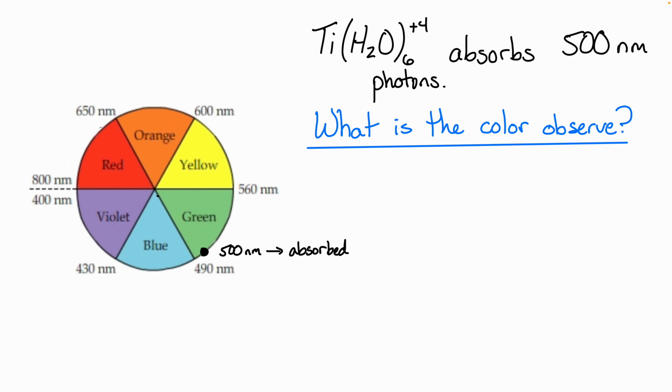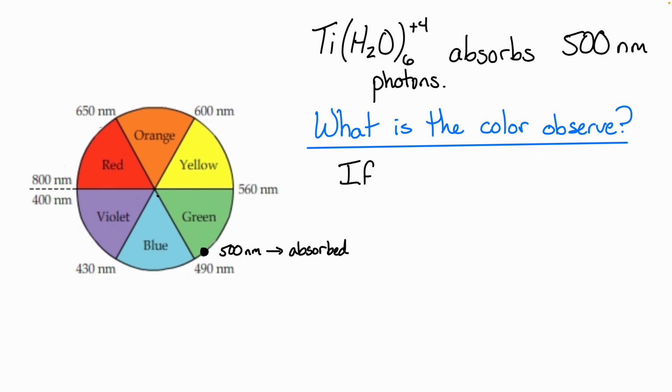Importantly, if we had a flashlight with a light bulb in it that only shone 500 nanometer wavelength, then that would appear to our eyes to be green, kind of greenish blue, sitting in the middle there.